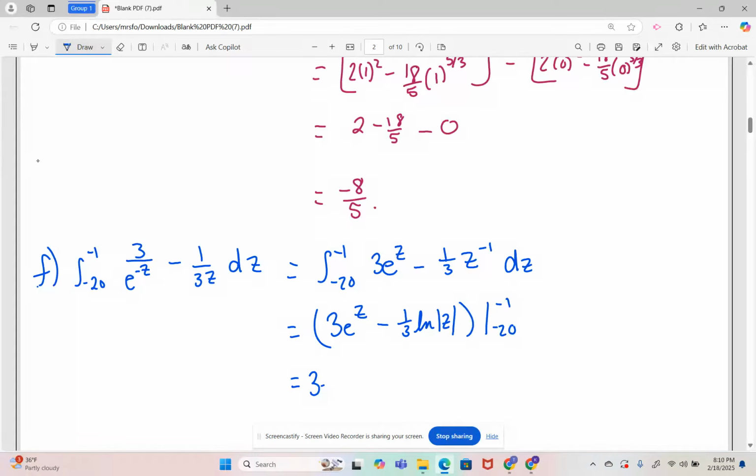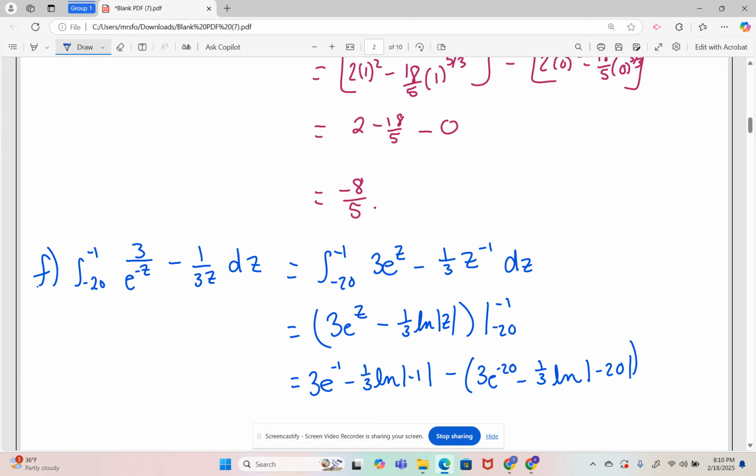So we have 3e to the -1 minus 1/3 natural log -1 minus 3e to the negative 20 minus 1/3 natural log negative 20.